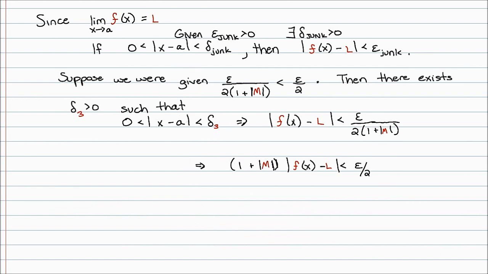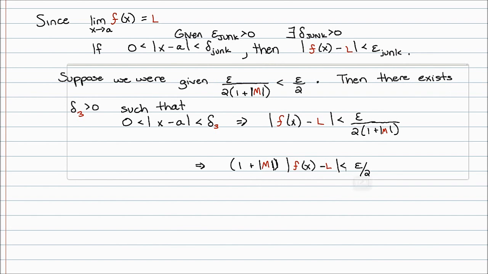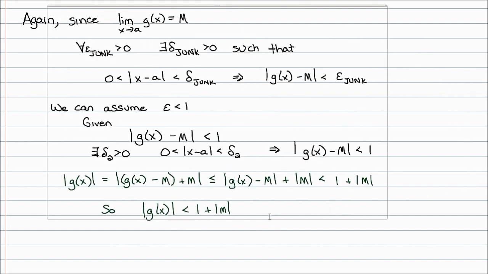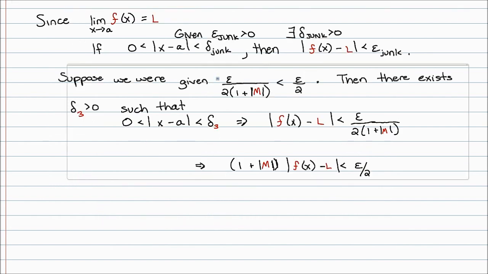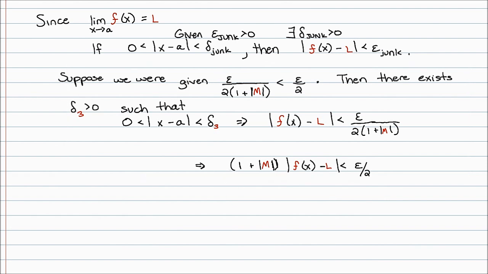One thing that you should know is that we've just shown that 1 plus the absolute value of m is greater than the absolute value of g of x. So that's actually an important part of this. Let me go back there and write in right here that this little bit is bigger than the absolute value of g of x.